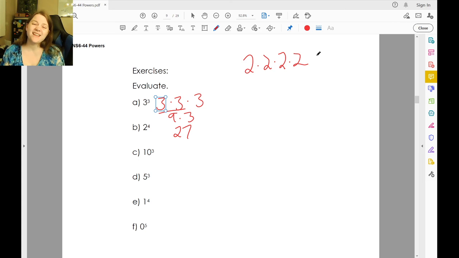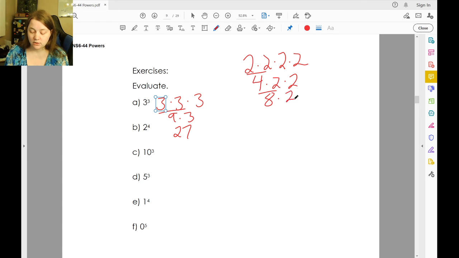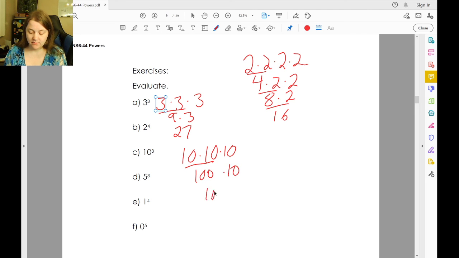With 2's, it can be easy to do this, but it's also easy to lose track. So it's important to make sure that you're showing your work.